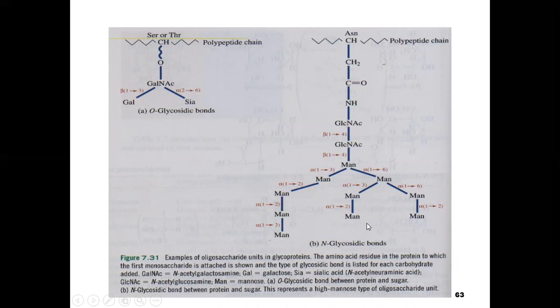These mannose residues can be attached through the alpha 1,3 and the alpha 1,6 linkage. As more mannose residues are attached, the branching pattern increases.